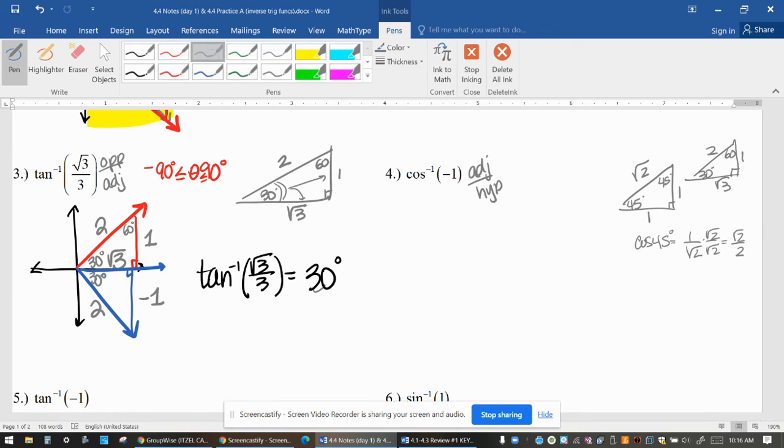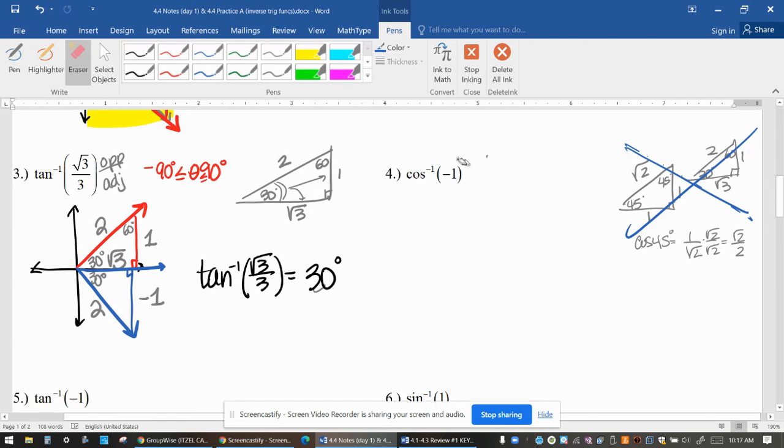This means that none of these triangles could possibly give me what I need. So there is no possible special right triangle that would work. Then that should give you a heads up that this is a quadrantal angle. Quadrantal angle.